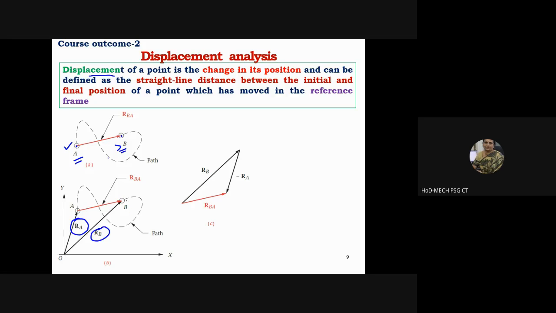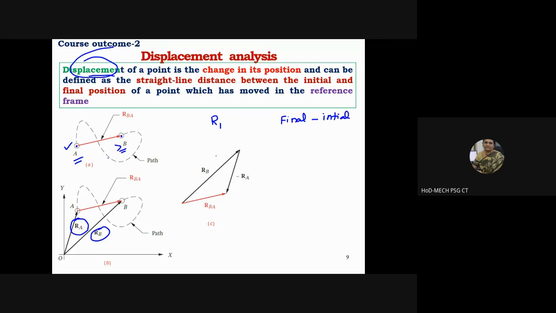It is the same point that has gone to location B. Now the displacement, how to get at the displacement? The displacement is obtained by subtracting the initial position from the final position, isn't it?